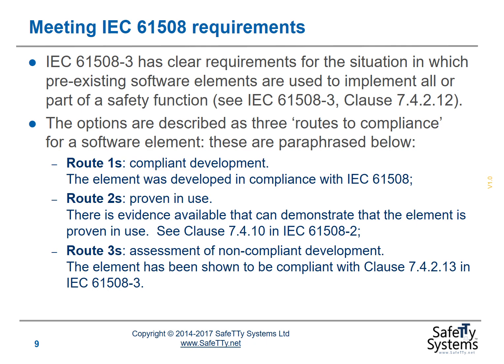So to summarize, there are 3 basic ways of working with pre-existing software elements in this standard. We either develop the code in compliance with 61508, or we take the code and provide evidence that the code works through experience of use of the software in previous systems, or we take the code that's been developed not necessarily in compliance with 61508, and we do some further work to ensure compliance with this standard.